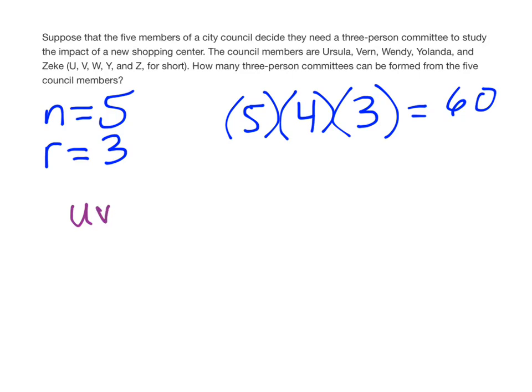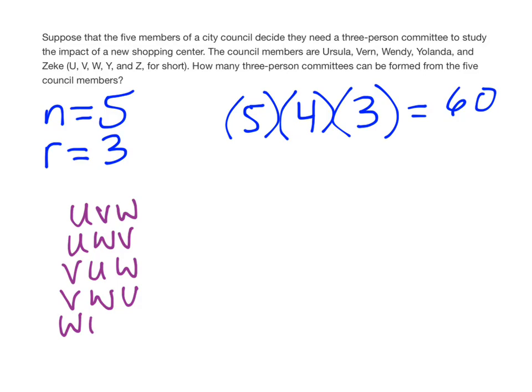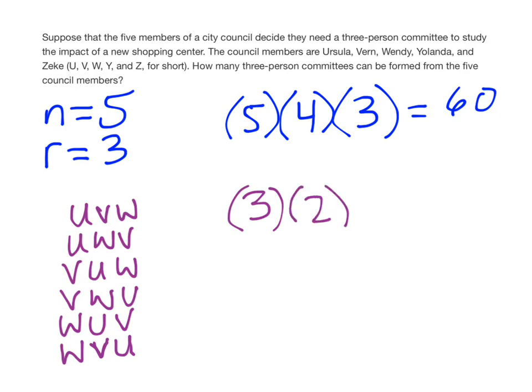So we could have Ursula, Vern, Wendy; Ursula, Wendy, Vern; Vern, Ursula, Wendy; Vern, Wendy, Ursula; Wendy, Ursula, Vern; or Wendy, Vern, Ursula. So there are 6 different ways to arrange any particular 3-person committee. And if you don't feel like writing that all out, we could just multiply 3 times 2 times 1, or do 3 factorial.